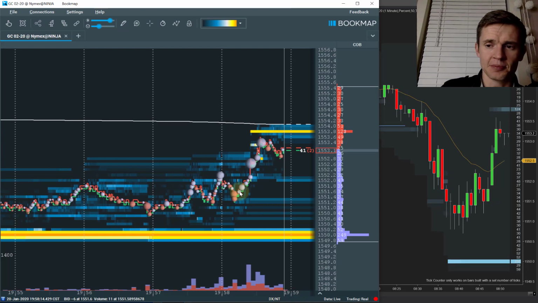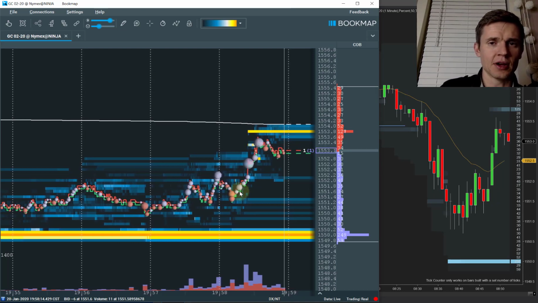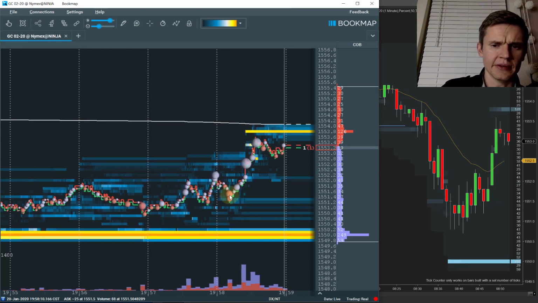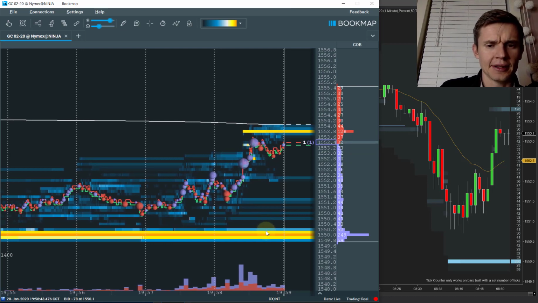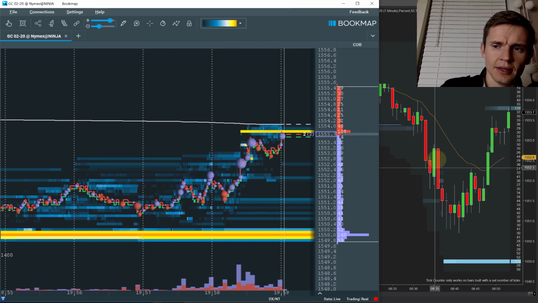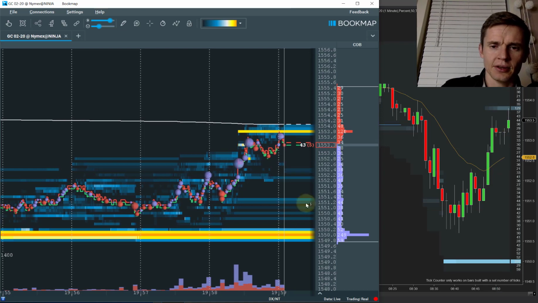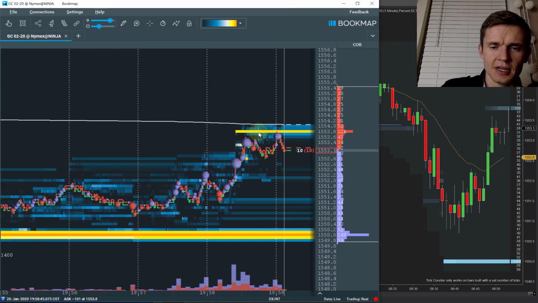It'd be a good time to take those profits, at least take some risk off. You could still let a runner go to see if it makes another attempt down at that big level of liquidity.